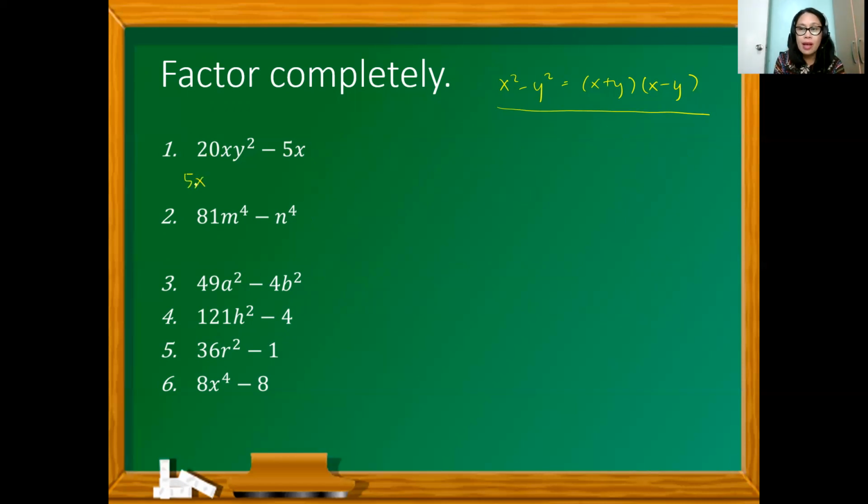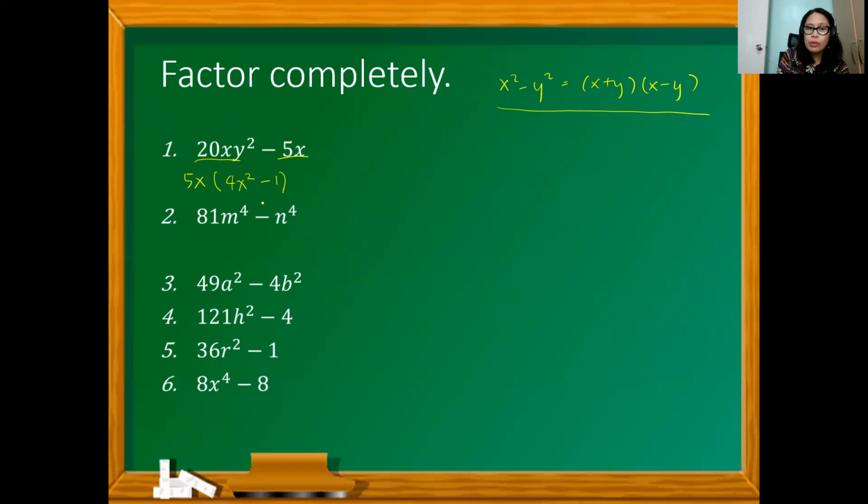From the previous discussion, working on the GCF as one of the factors, we'll come up with the other factor by dividing this expression by the GCF. So when we divide 20x y squared by 5x, we'll have 4x squared. And then negative 5x divided by 5x is negative 1.